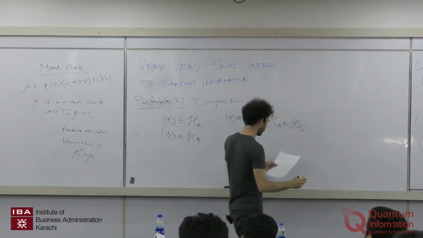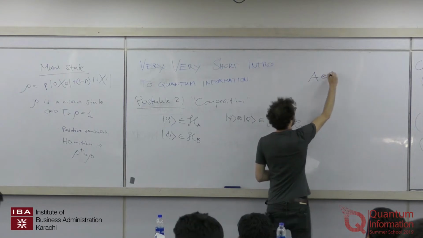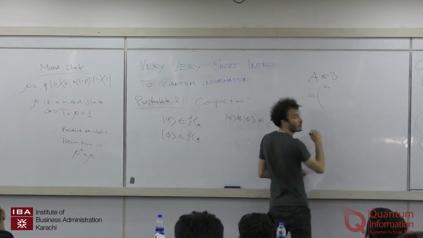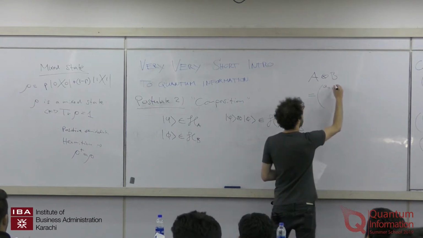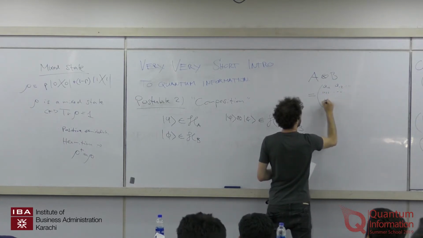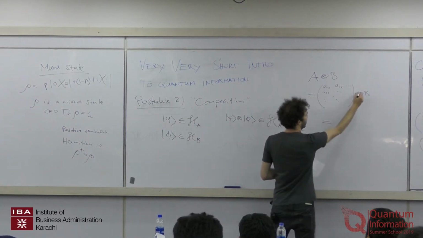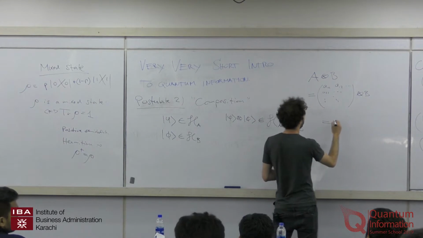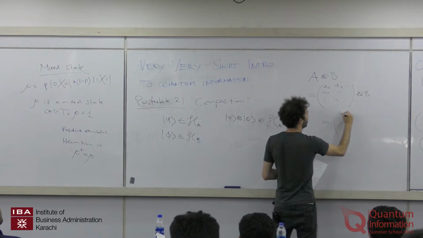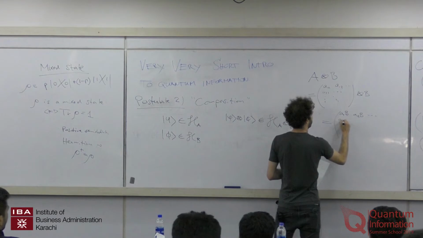Right. And what is a tensor product? So if I have some matrix or vector A tensor product B, I can now write down A in its single entries, so A11, A12, and so on, A21, and so on, tensor B. And this symbol, the tensor product, is defined in such a way that the tensor product of A and B is just A11 times B, A12 times B, and so on.